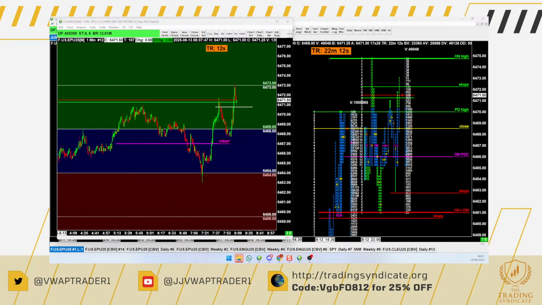And it has nothing to do with the decision to take the trade. Okay. Now we're going to backfill this and let's see where the bid is. Not ready to take the overnight high yet.